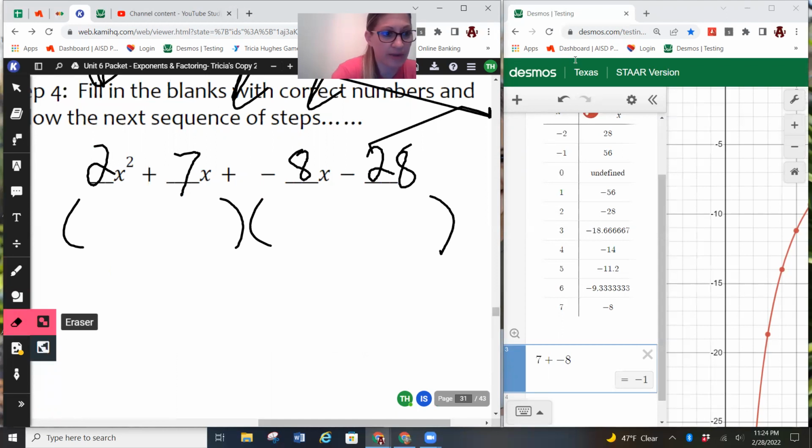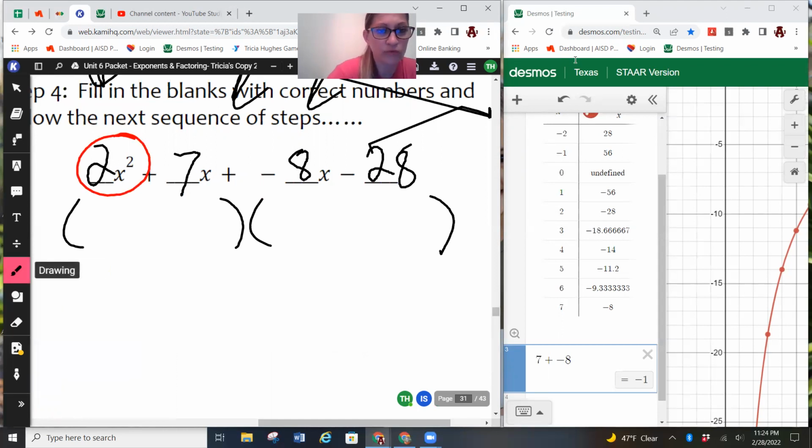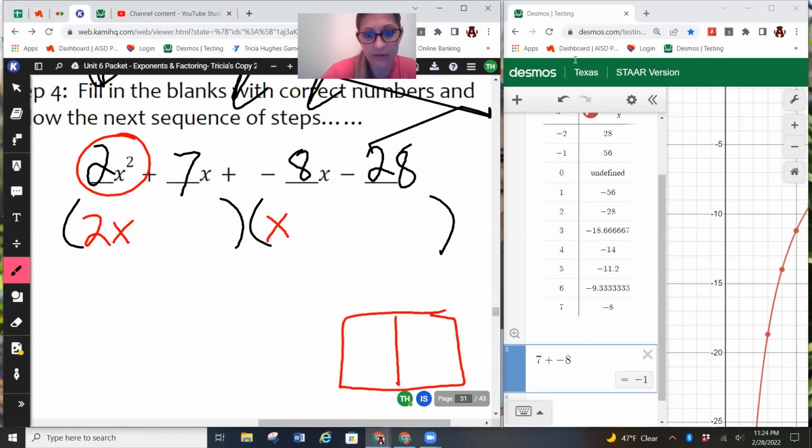We got to move that out of the way. Okay, so we're going to think logically. What multiplies to 2x squared? 2x times x. That's the only way to multiply to get 2x squared.